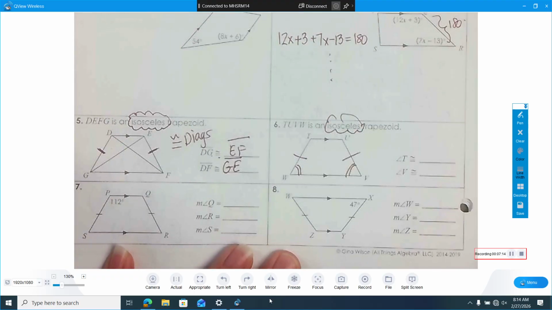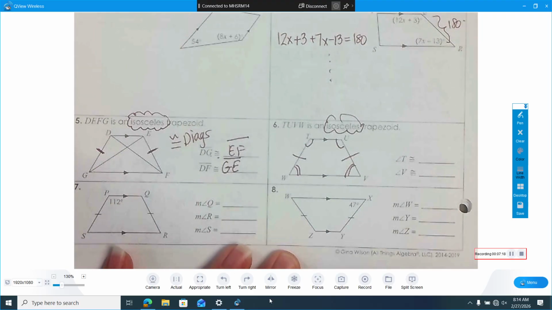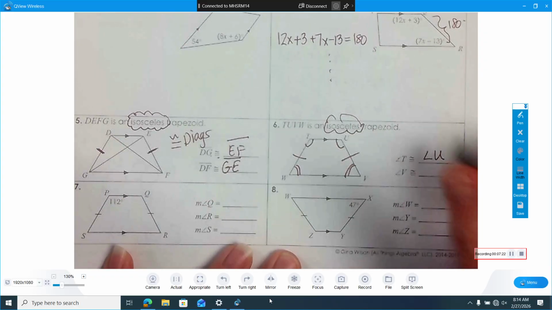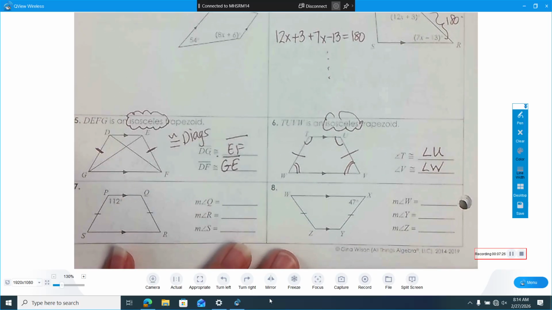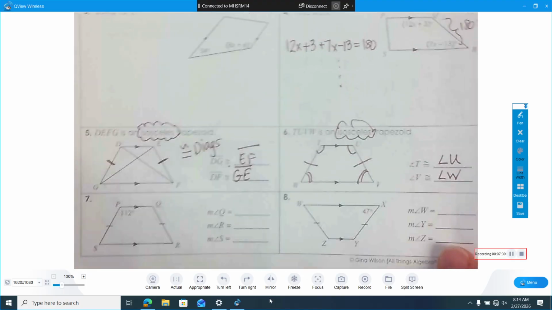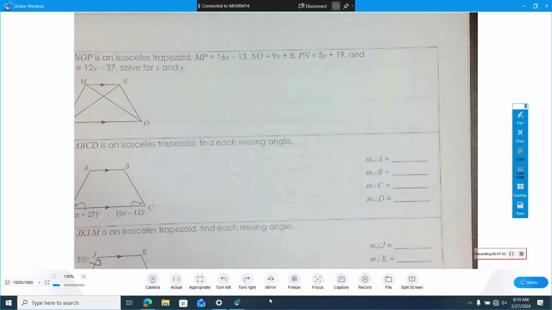So angle T is congruent to angle U, and angle V is congruent to angle W. All right. Are we okay with that? Ready? Okay. Great. Let's turn the page. We're nowhere near done.